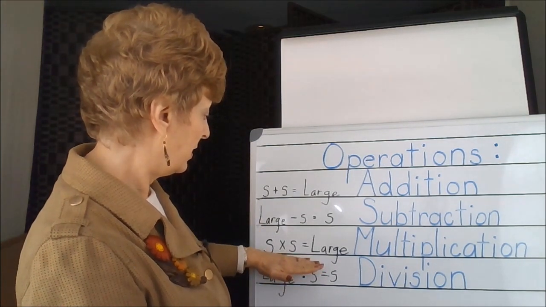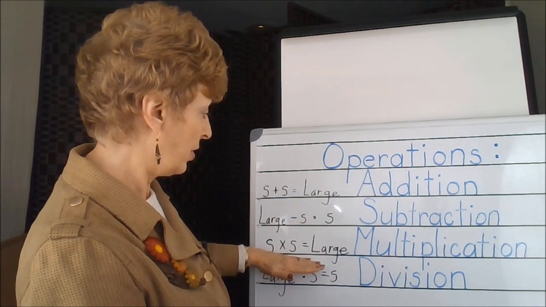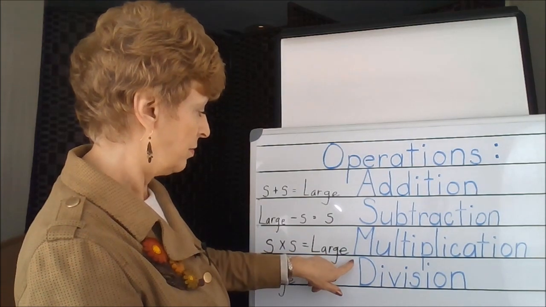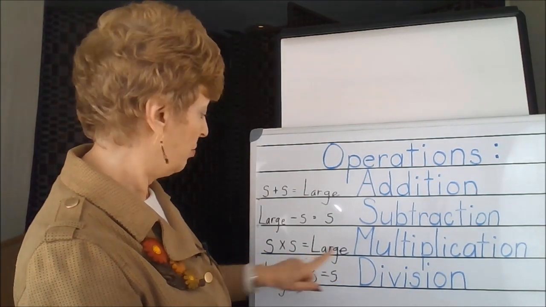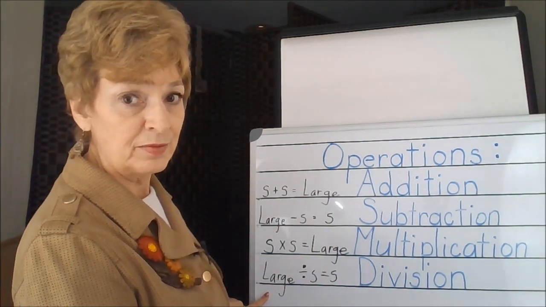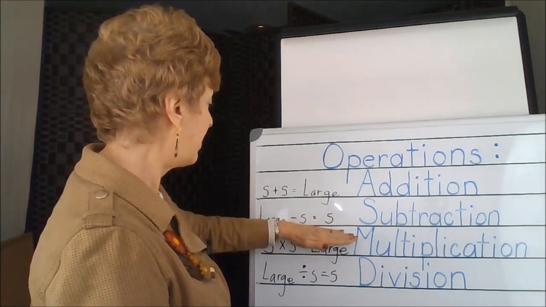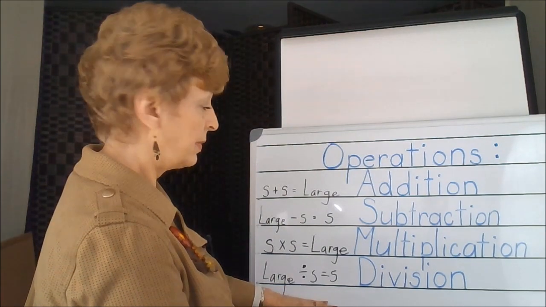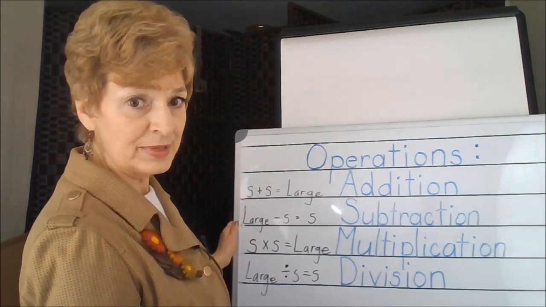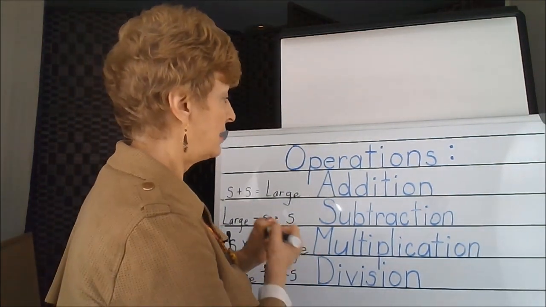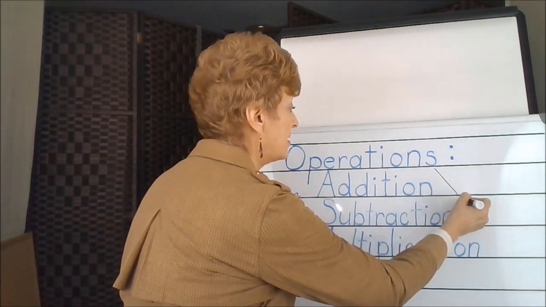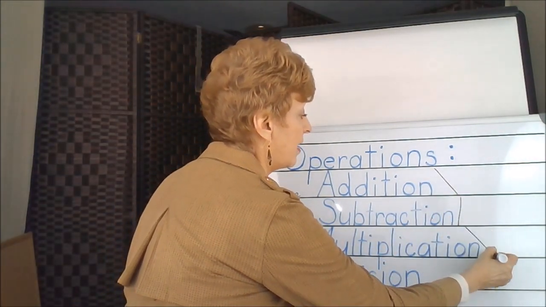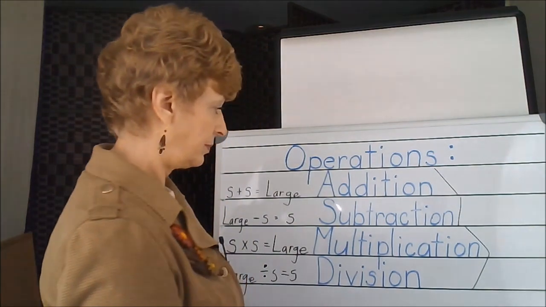Similarly, the largest number in a multiplication problem is the answer, but you start with the largest number for division. So we have addition and subtraction being opposites, multiplication and division being opposites. So these are opposite functions, and these are opposite functions.